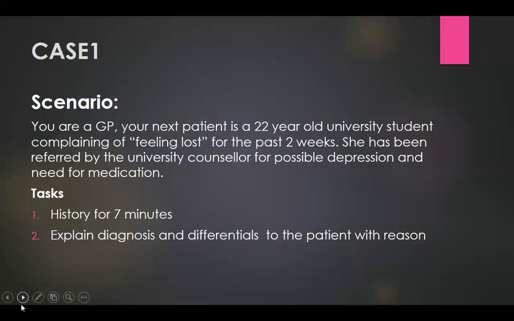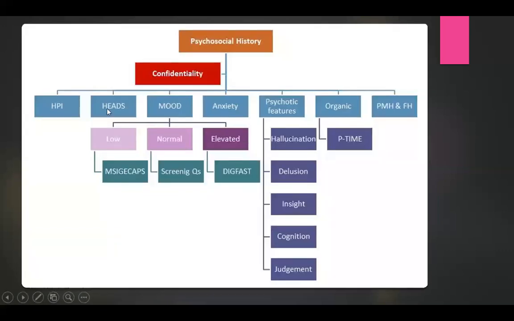So let's go back to the algorithm and see how we should approach it so we'll get an idea. I would personally start with greeting the patient, mentioning the confidentiality, and asking the history of presenting illness. The onset is already mentioned in the stem.